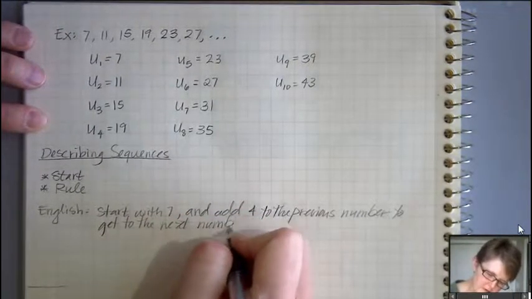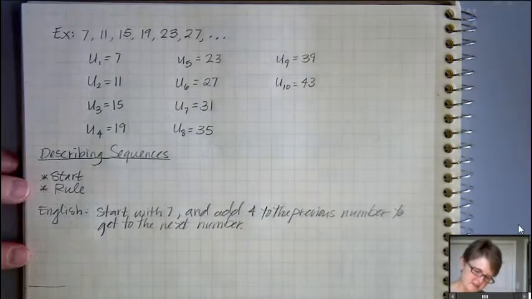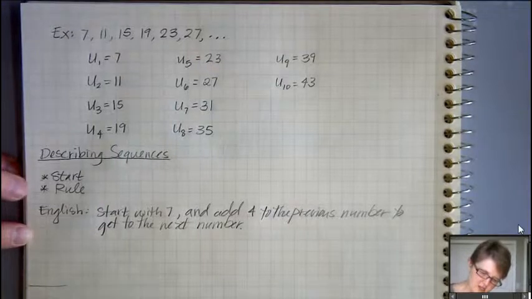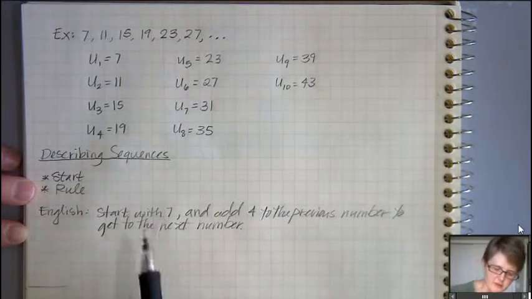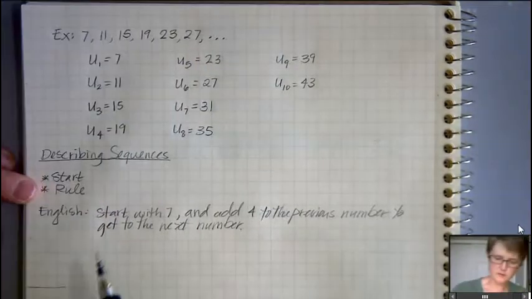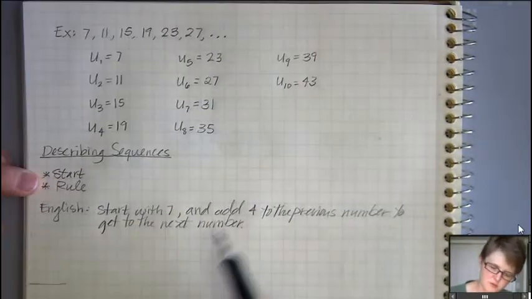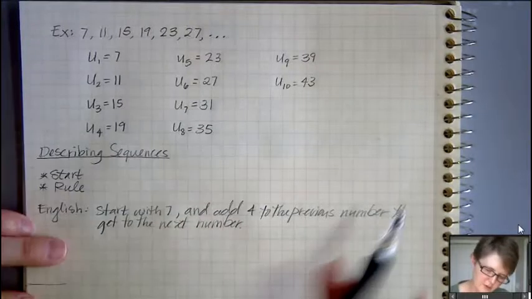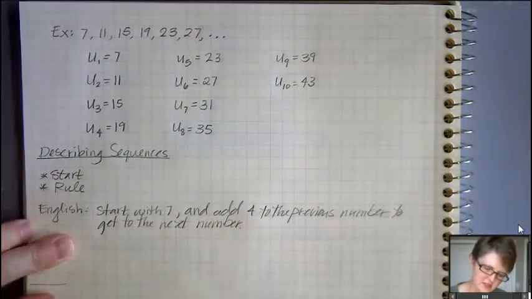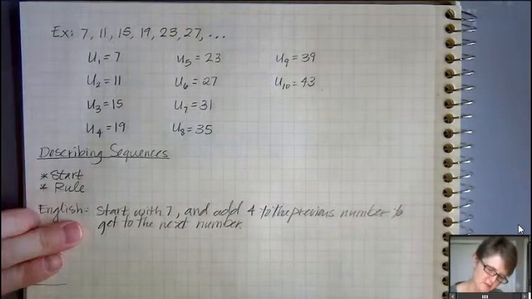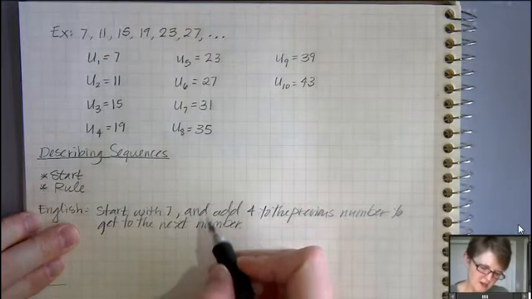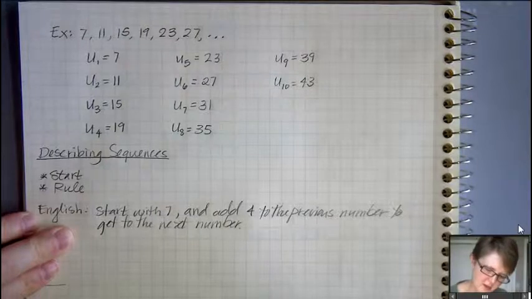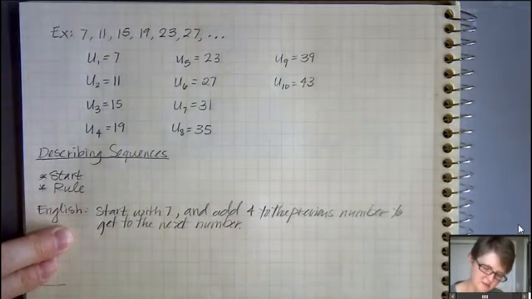Okay, so let's go ahead and translate this into math language. The first part would be easy. Start with 7. Remember, we can just say u sub 1 equals 7. So that's going to work there. But this rule is going to be a little bit trickier. So first I'm going to reword this in English so that the direct translation into math makes a little bit more sense. Instead of saying add 4 to the previous number to get to the next number, I'm going to put this in a sentence using the "is" verb so that that can be my equals.